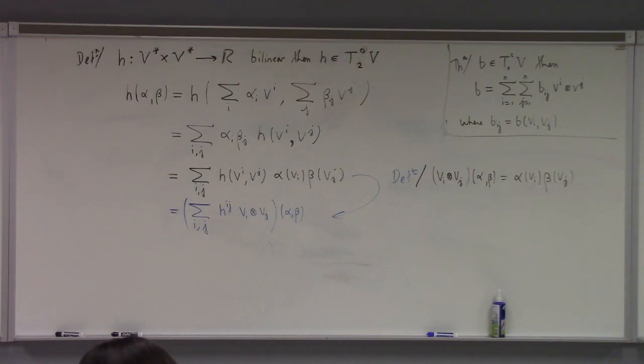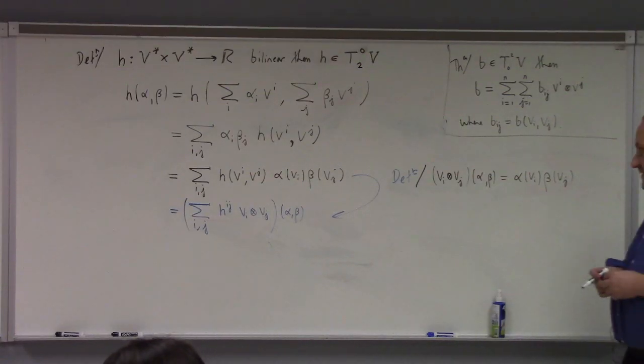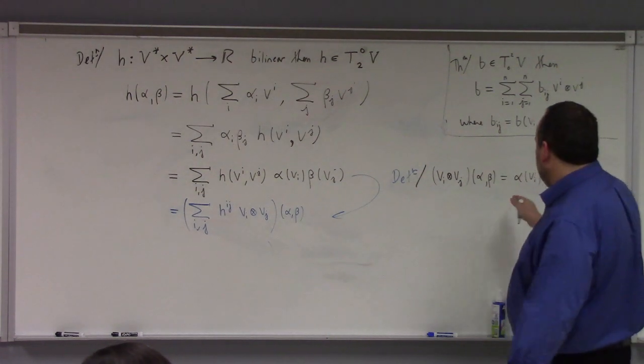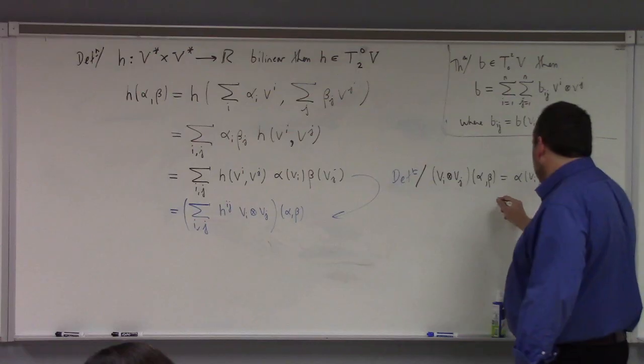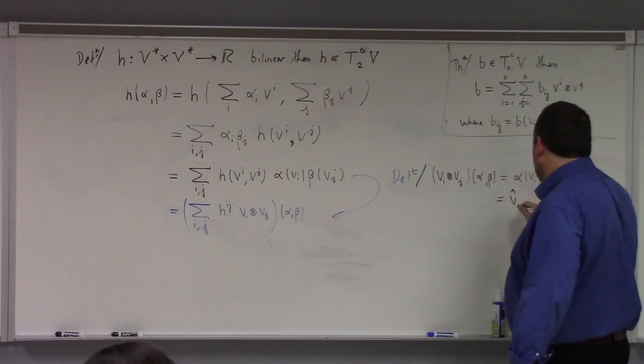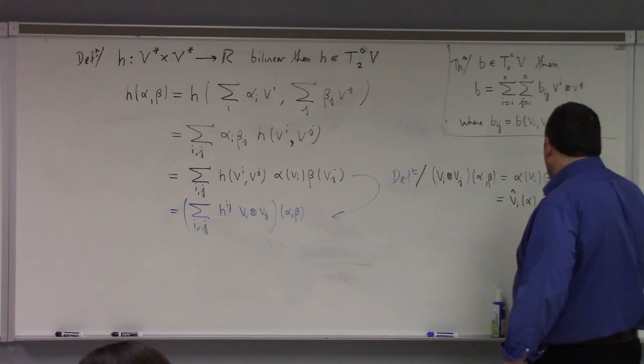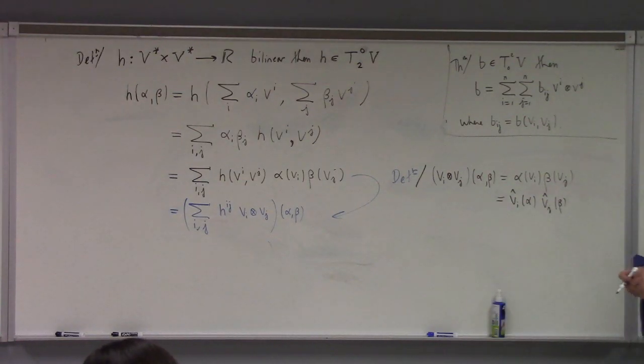Of course, if you want, we could use the double dual here, because that's really what's going on. This is also equal to v_i hat on alpha, v_j hat on beta, if we think back to the double dual construction.